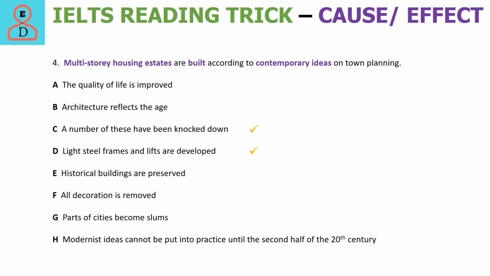Also, only these two options fit the main subject, which is constructing multi-story buildings according to the contemporary or latest pattern. So, for the time being, we would mark both C and D as our answers.